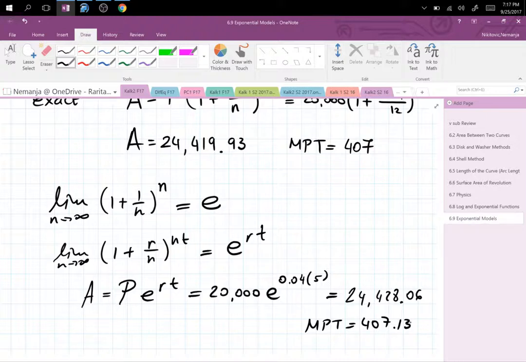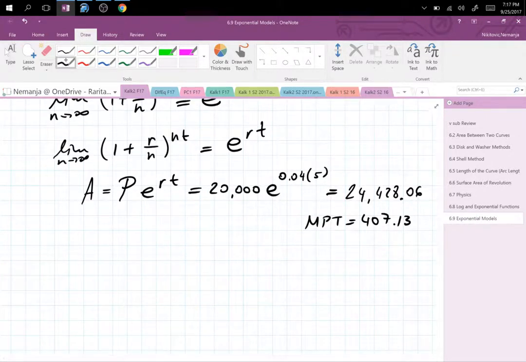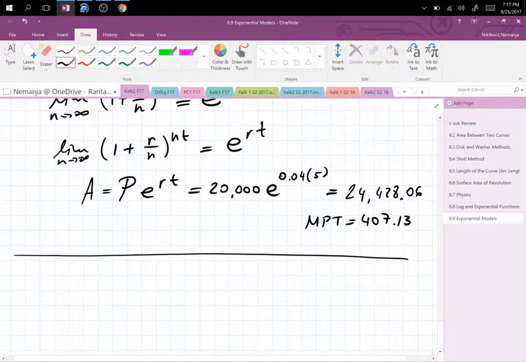The next part of the lecture is one of my favorites. We're going to talk about radioactive decay. First, we're going to define the concept of half-life.